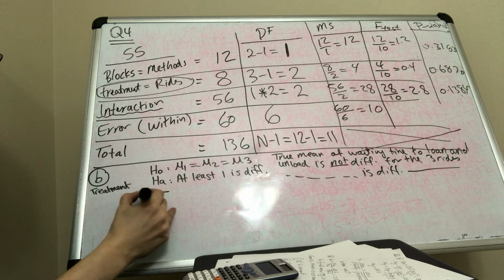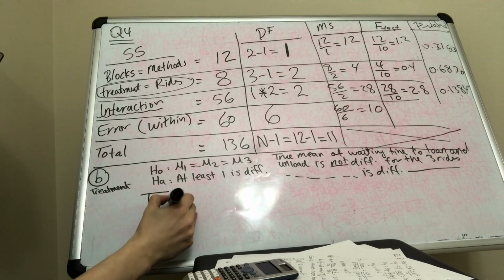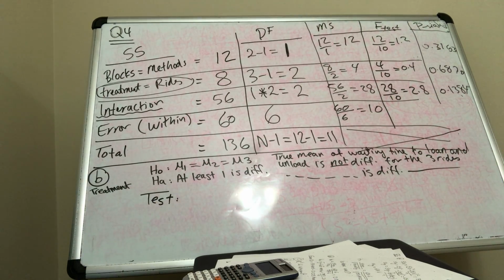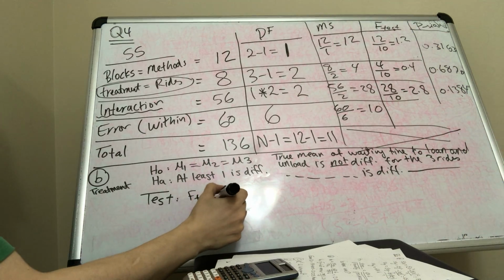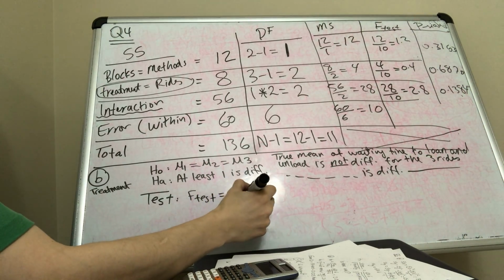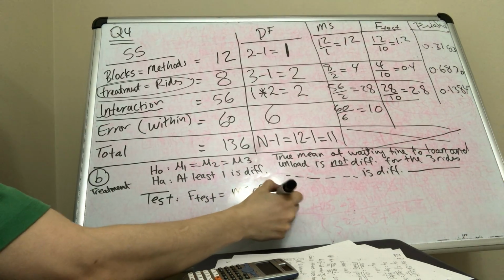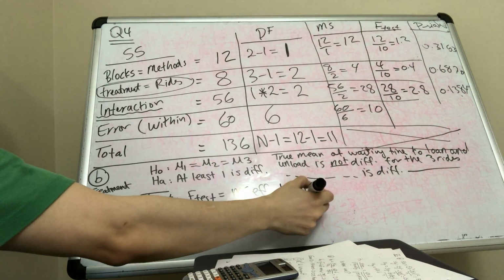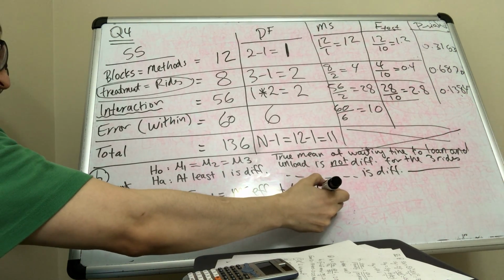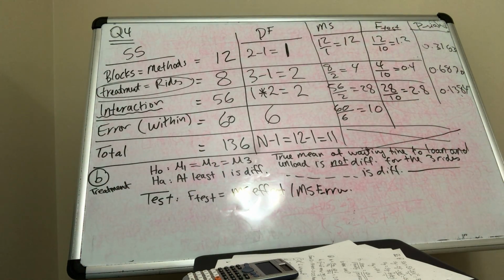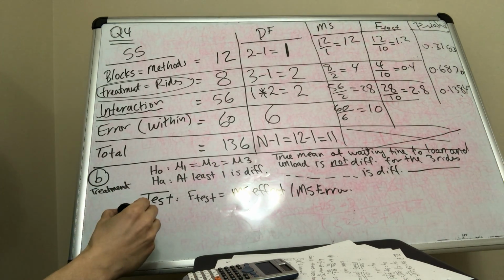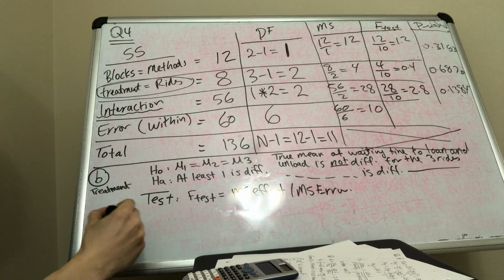Test. We're going to do the F test, which is MS effect over MS error. Decision rule.